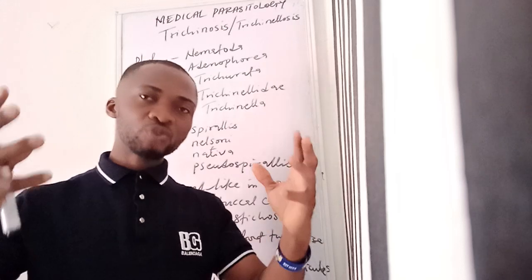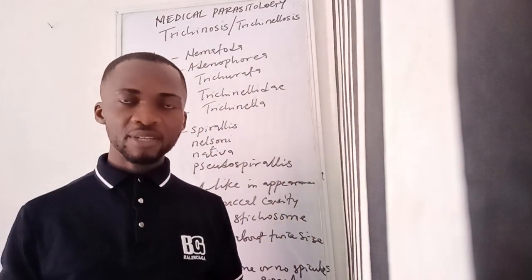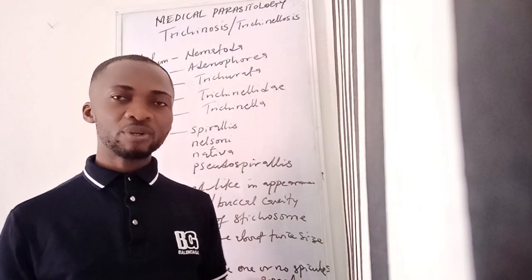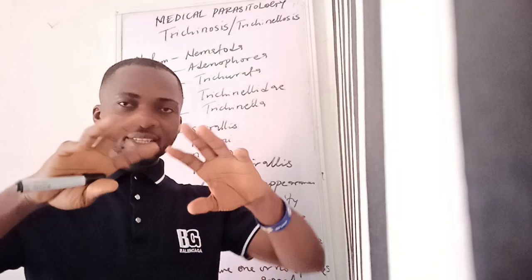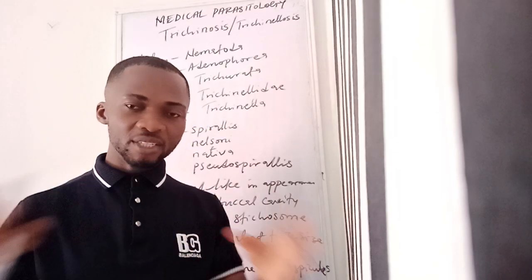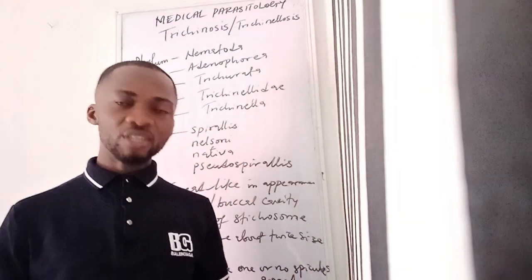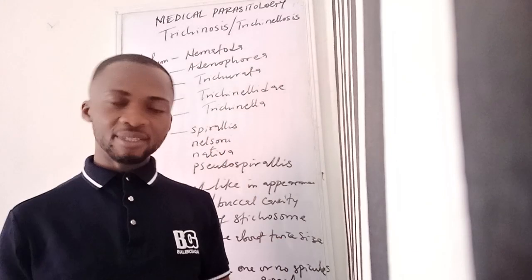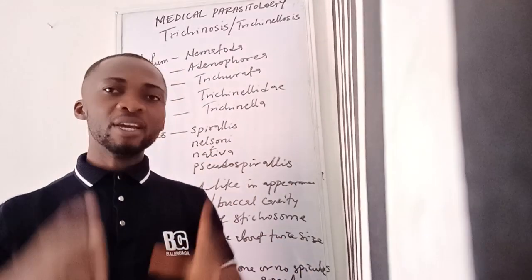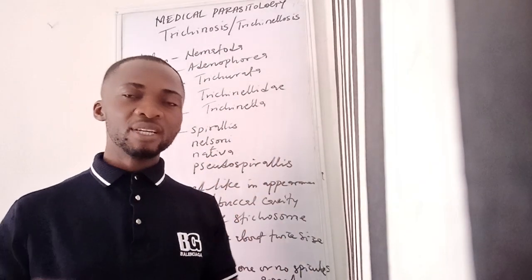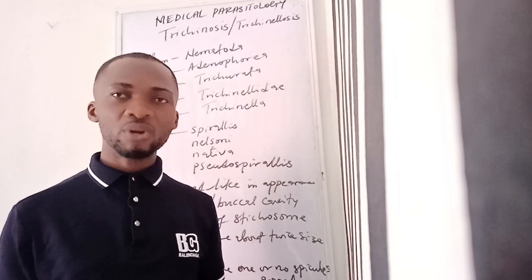So when this raw or undercooked meat is ingested, then excystation occurs, because the larva is usually in the encysted form within the muscle cells. When it is ingested, it excysts. That means the cyst covering the parasite breaks, and once it breaks, the larva comes out in the small intestine.